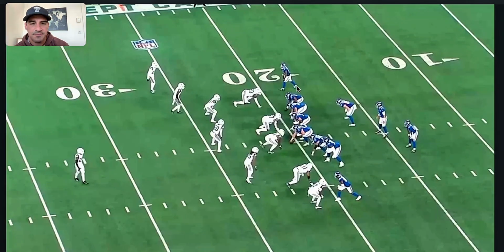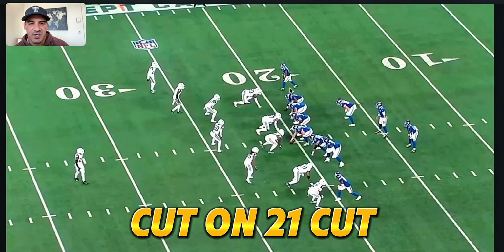I would call this from left to right, cut on 21 cut. Cut because this receiver is cut, on because the tight end is on here, 2 because there are 2 receivers to this side of the ball, and then 1 because there's 1 receiver to this side, and then cut because he's cut. So again, cut on 21 cut.